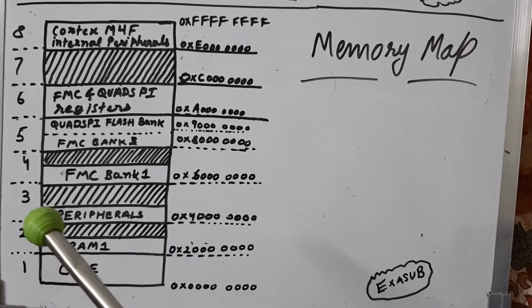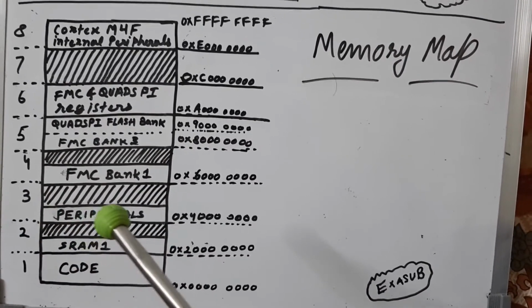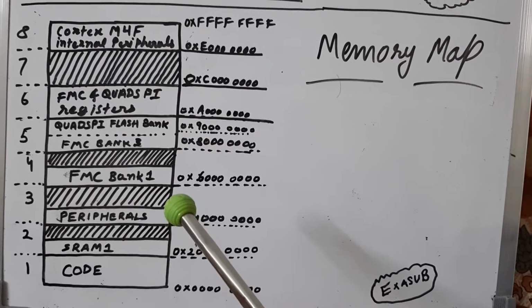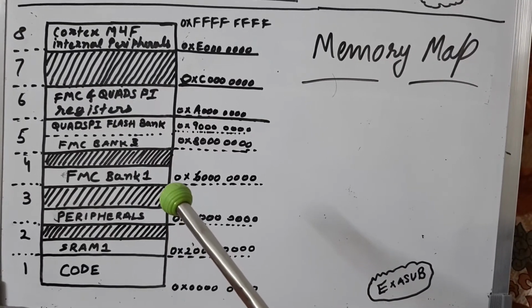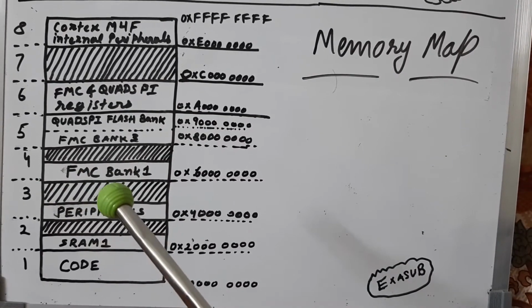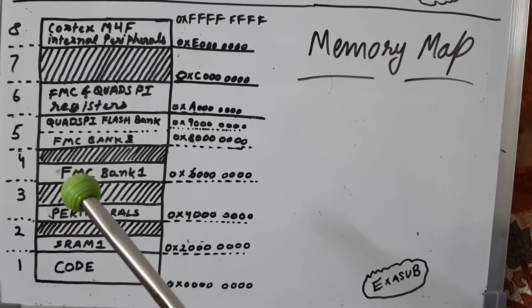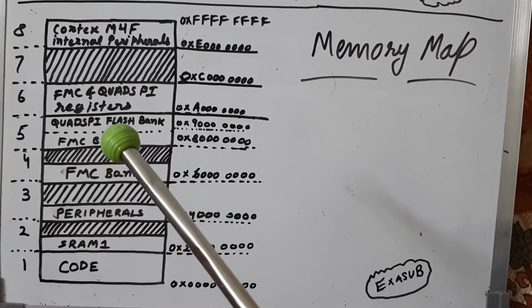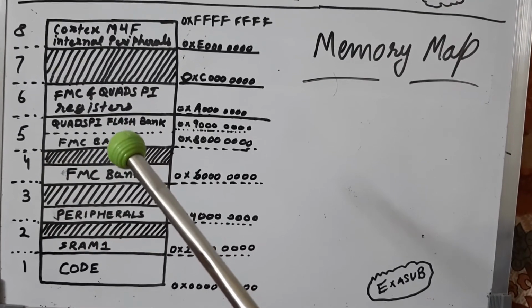Then in the third section we have peripherals. Their starting address is 0x400. In the fourth section we have FMC Bank 1. In the fifth section we have FMC Bank 3 and Quad SPI Flash Bank.